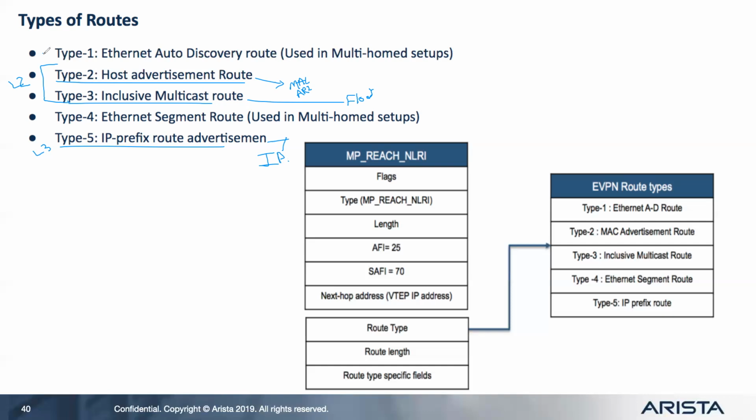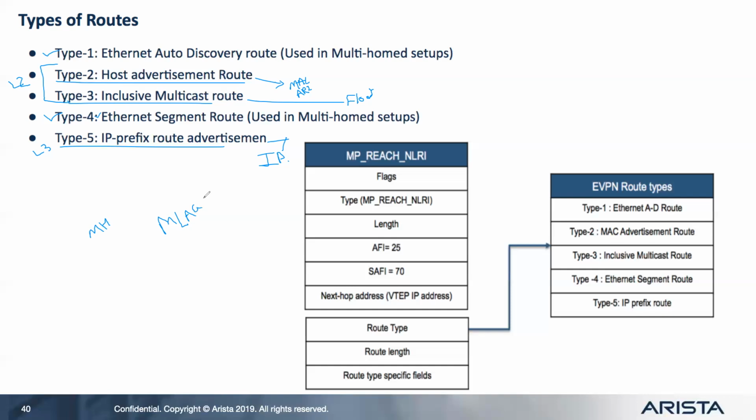Now type 1 and type 4 are for multi-homing. We'll see what multi-homing is in the next slide. We will not use type 1 and 4 for an MLAG pair and VTEP MLAG. Where we have MLAG, we will not use type 1 and 4, but we will use them in the case of multi-homing, which we'll discuss.